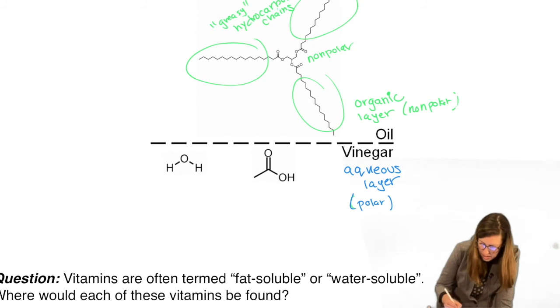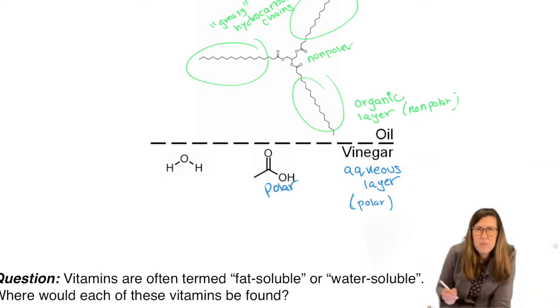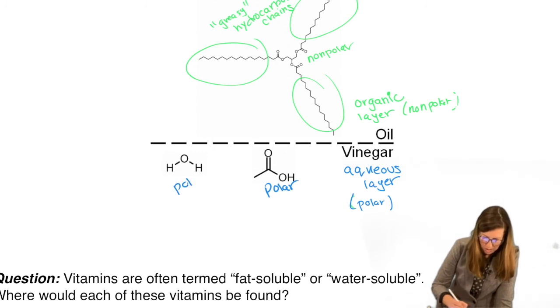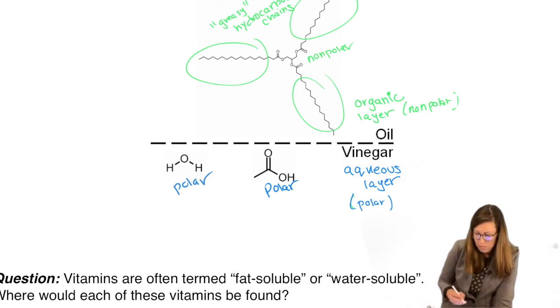Whereas acetic acid, it only has a little methyl coming off. That's its nonpolar part. The rest of it's polar. Water, as we know, is polar. So it has no problem. These are all soluble with each other, or miscible.